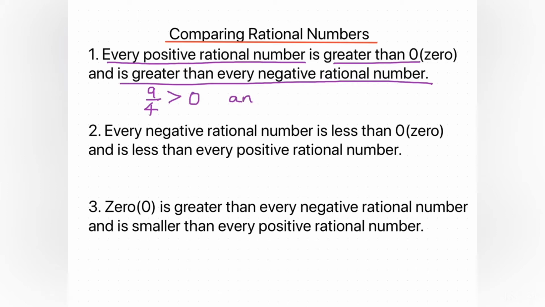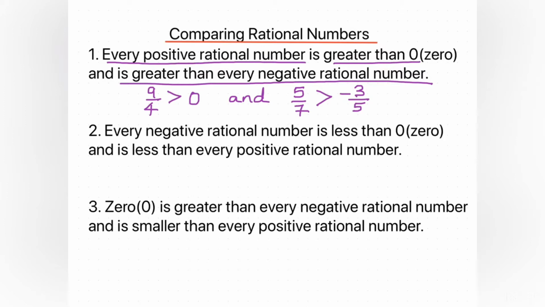And 5 by 7, which is a positive rational number, is greater than minus 3 by 5. Minus 3 by 5 is a negative rational number. So, a positive rational number is greater than a negative rational number.